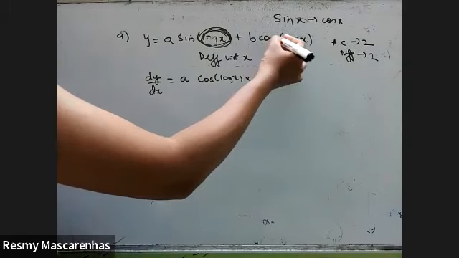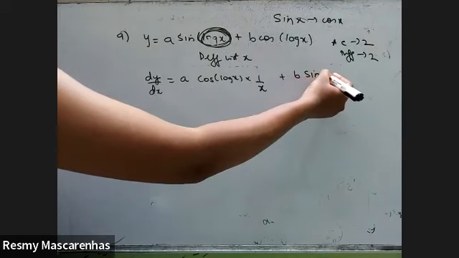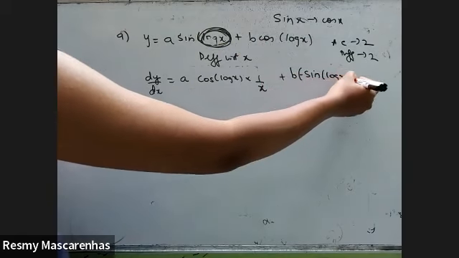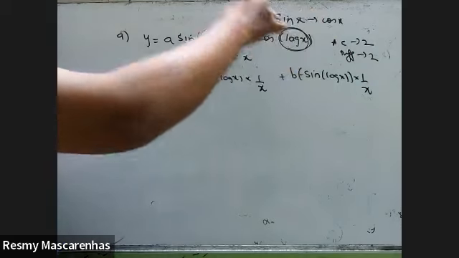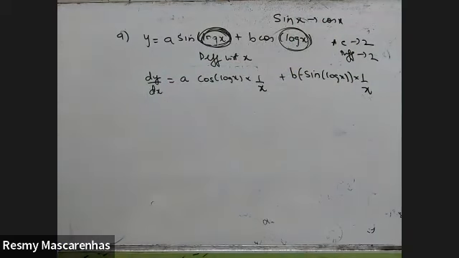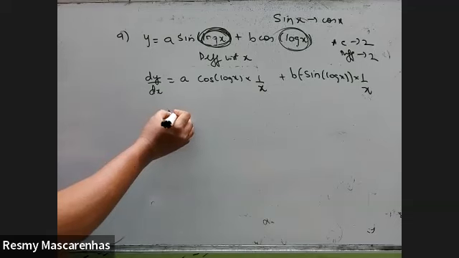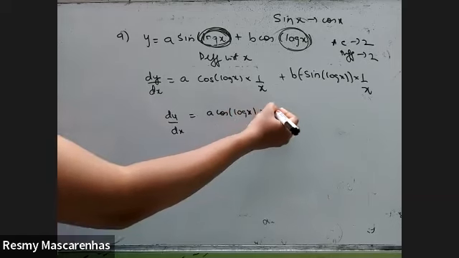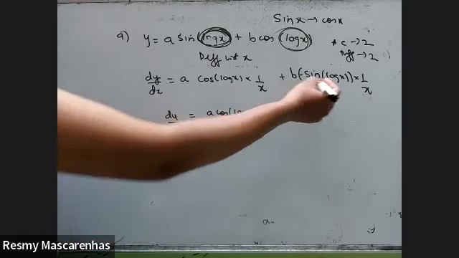In the same way, the derivative of cos of something is minus sine, into the extra derivative of log x. Now you get it. x is common in both places.